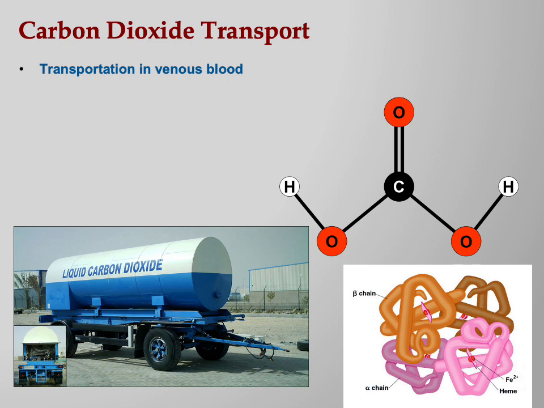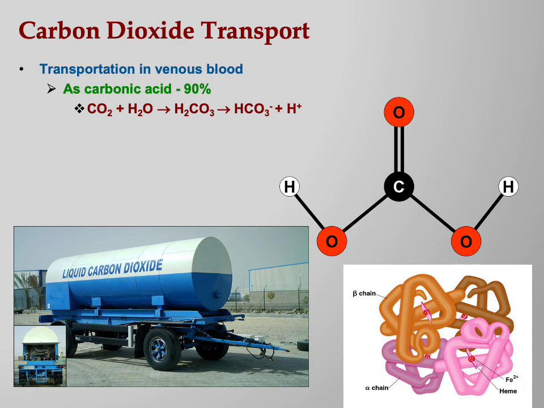So that was oxygen. Now CO2 is transported in venous blood, most of it as carbonic acid, and specifically as the bicarbonate ion. Remember, I've shown you this relationship before. This chemical expression: CO2 plus H2O makes H2CO3, which is carbonic acid, and that dissociates into the bicarbonate ion and hydrogen, all right?